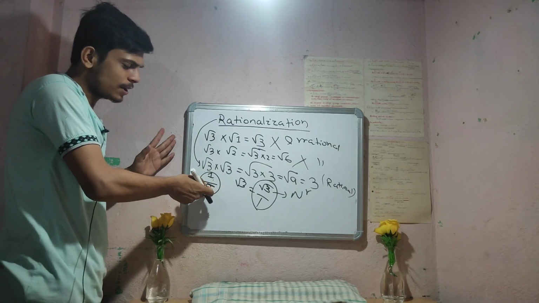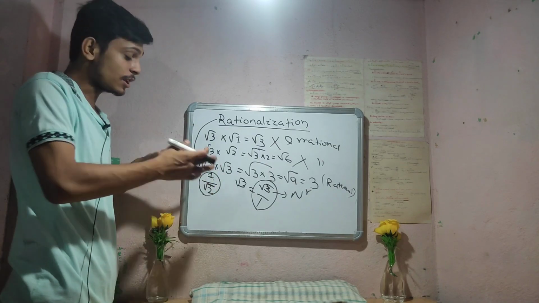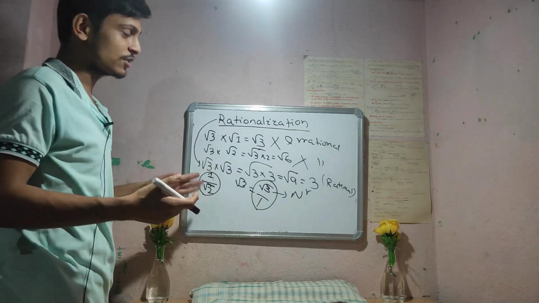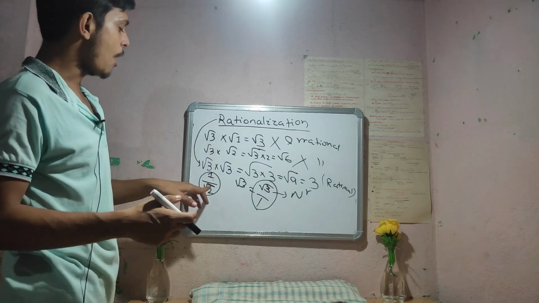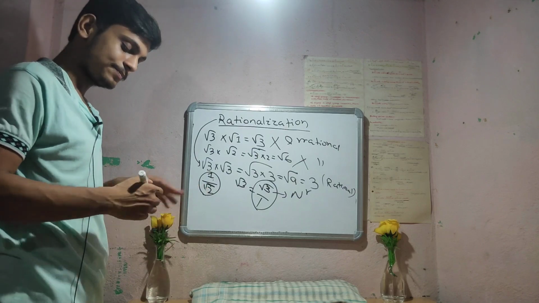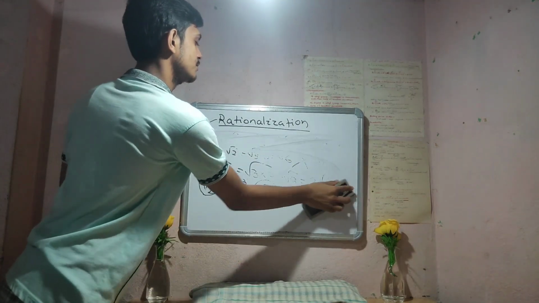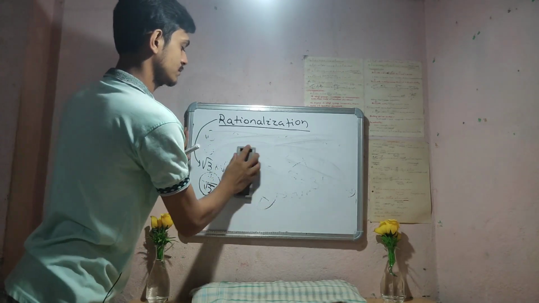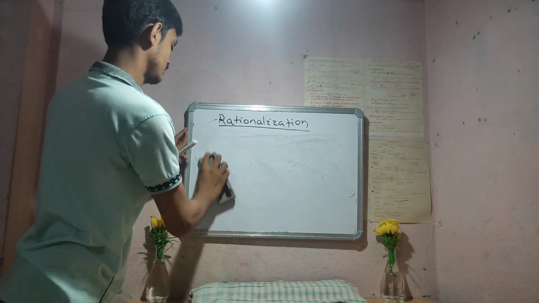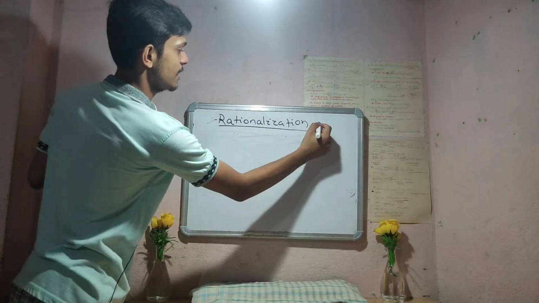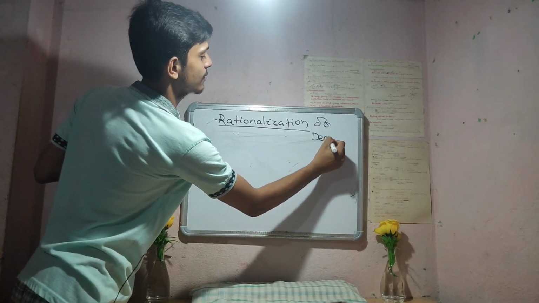So how can you convert it into a rational number? This is called the rationalization of the denominator.